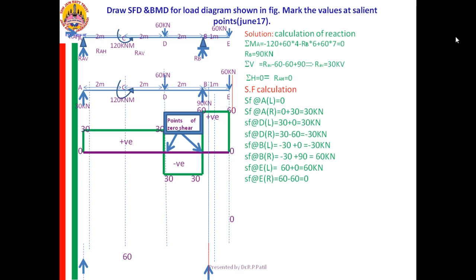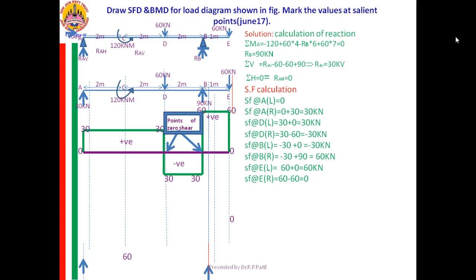Those points are important for designing the structures, because wherever tension is coming, there we are supposed to put the steel. That you are studying in the higher classes, but anyhow you need to locate point of contraflexure, point of zero shear.